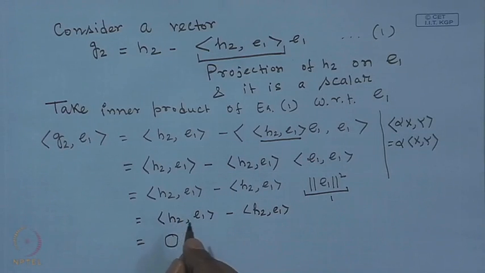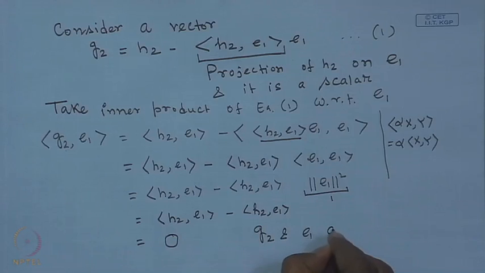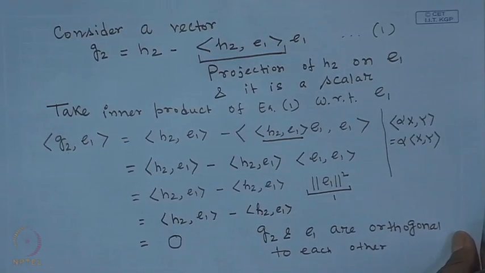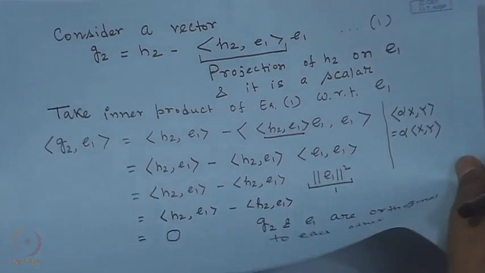If you remember the last class, if that is the condition, then we can come to the conclusion that G2 and E1 are orthogonal to each other.